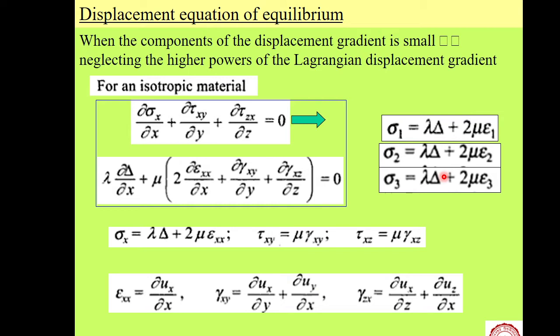So what we will be doing today, we will express this equation of equilibrium in terms of the displacement field. The stress components would be expressed in terms of strain, and strain will again be expressed in terms of displacement.